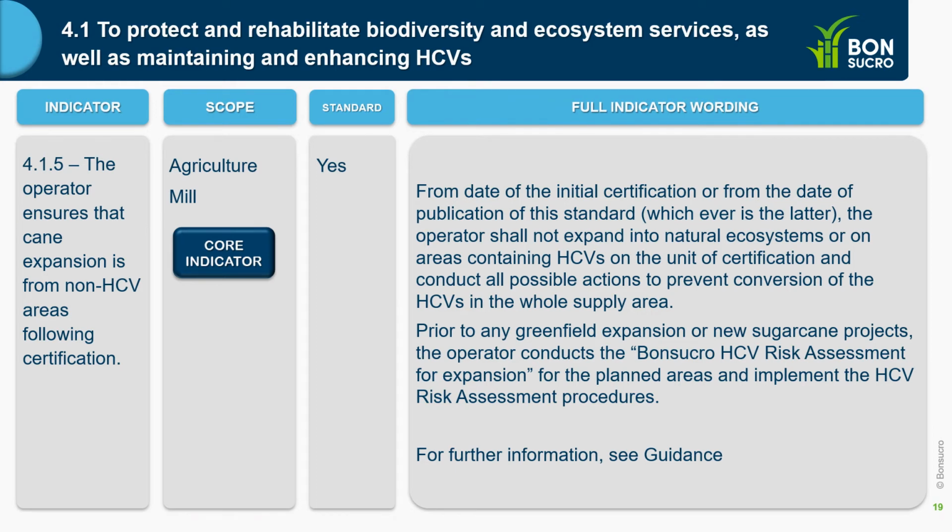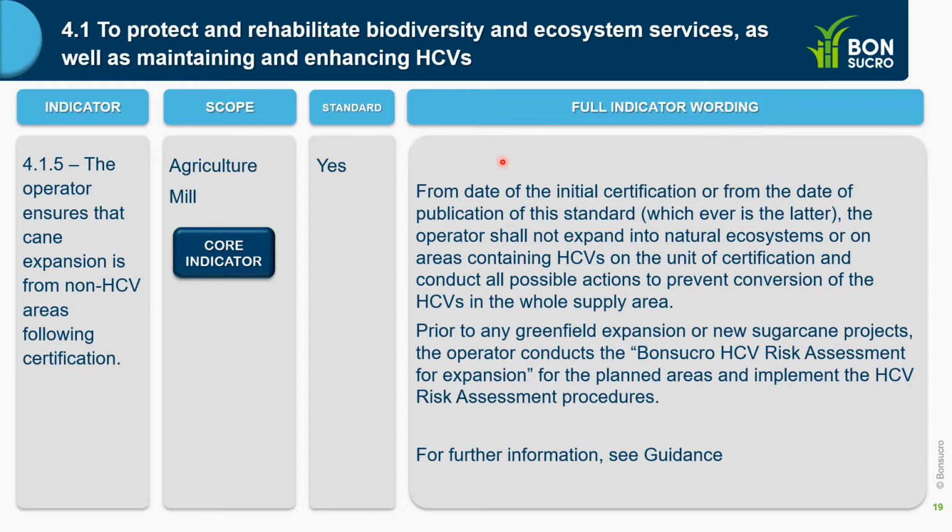When the company is in certification, they have the maps, they have the LUCA, and now we have the 4.1.5. The operator assures that cane expansion is from non-HCV areas following certification. This is a core indicator, so from the date of the initial certification or from the date of publication of this standard, whichever is the later, the operator shall not expand into natural ecosystems or areas containing HCVs on the unit of certification. And of course, you need to conduct all possible actions to prevent that.